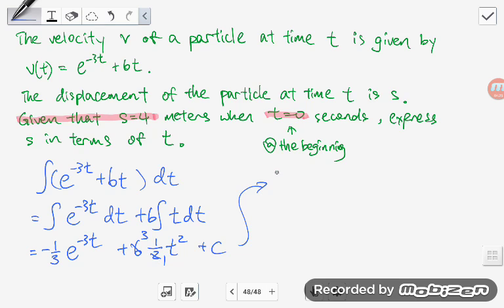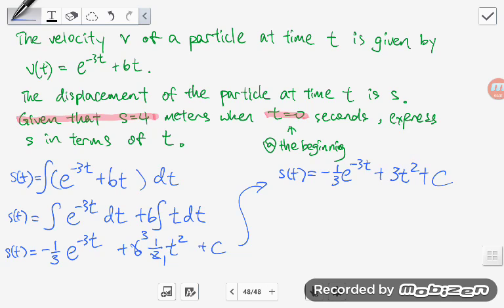This is my s of t, equal to the integral of my v of t. So s of t is equal to negative 1/3 e to the power of negative 3t plus 3t squared plus c. This is the indefinite integral, where c could be any constant.